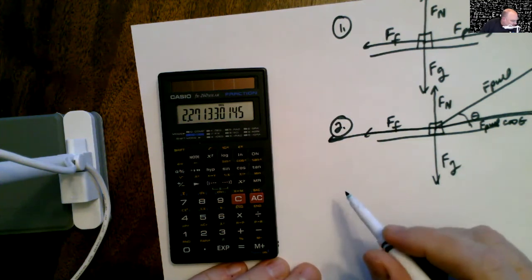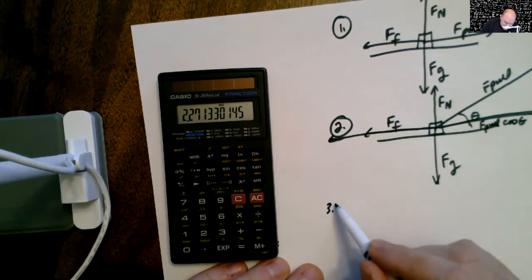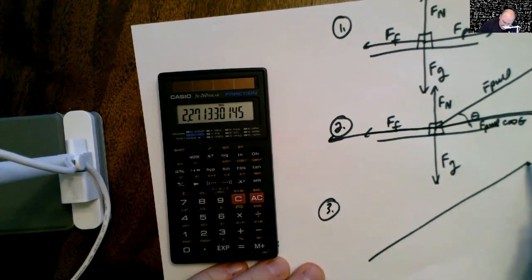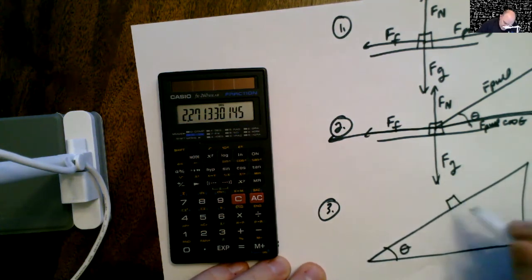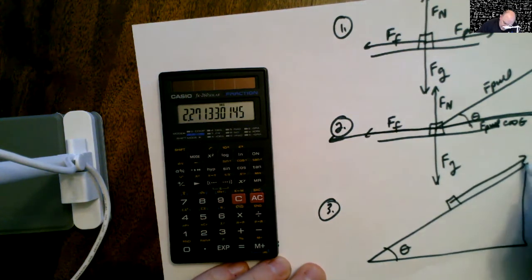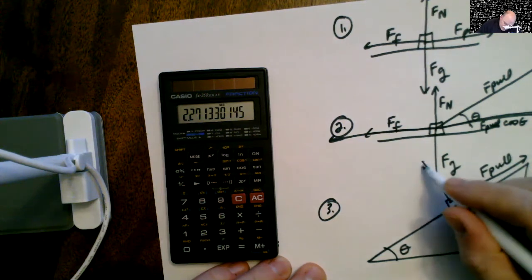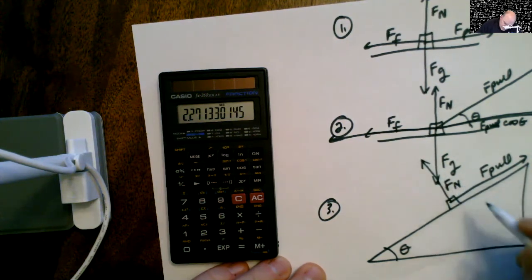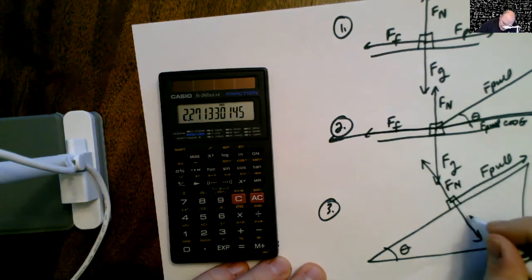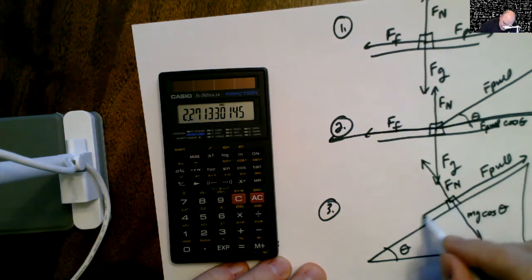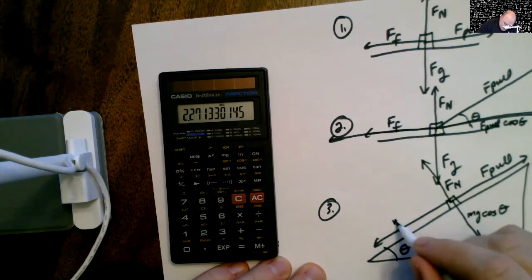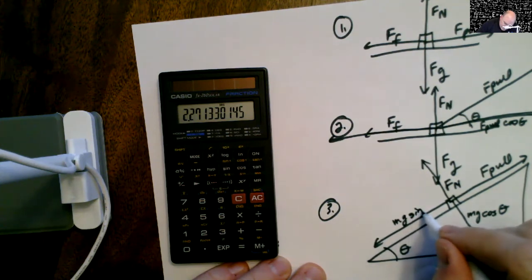Number 3, we're pulling up an incline with constant velocity. So we have an inclined plane, theta. Here's our object. We're pulling up, so there's F pull. We have Fn going up like this. We have, down, mg cosine of theta. And then down this way, we'd have mg sine of theta.